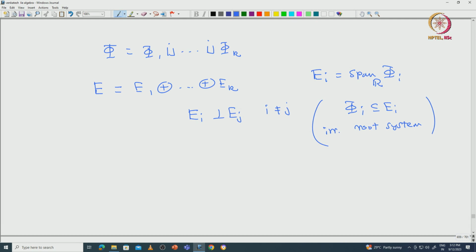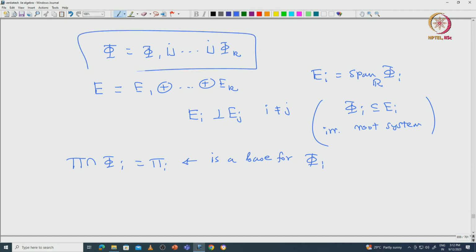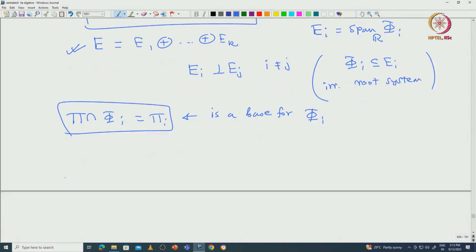Now if we take pi intersection phi i to be pi i, then it is clear that this pi i is actually a base for this capital phi i. So, once you write phi as a direct sum of phi i's, the corresponding Euclidean space is written as an orthogonal sum of these E i's, and the base also splits into an orthogonal sum.